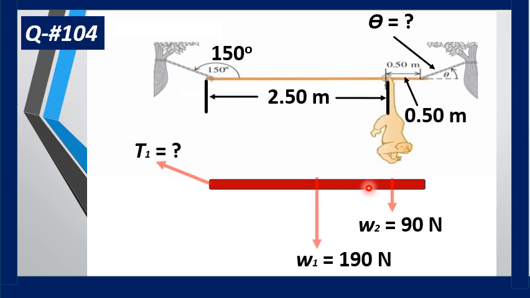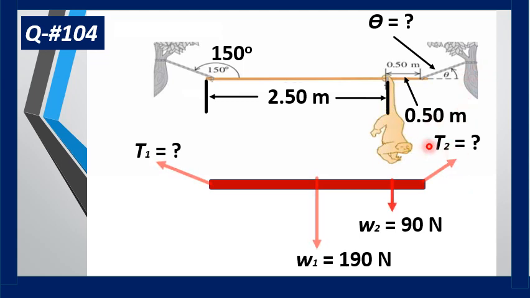Our target variables include the tension force T1, which is exerted by the left rope and is directed as shown. The second target variable is T2, the tension force exerted by the right rope. And of course, our third target variable is the angle theta.